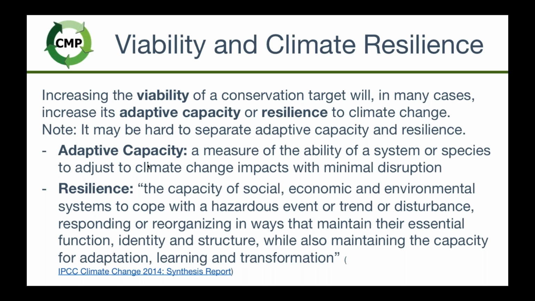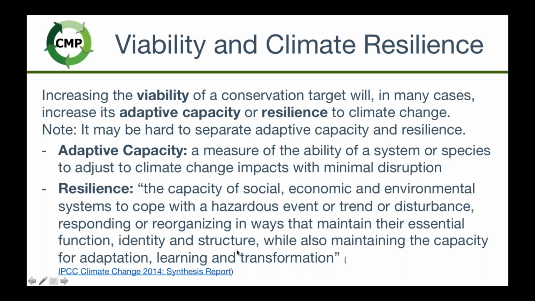And we found it a little bit hard to separate them when you look at the definitions of them. Adaptive capacity being a measure of the ability of a system or species to adjust to climate change impacts with minimal disruption, and resilience being the capacity of social, economic, and environmental systems to cope with a hazardous event or trend or disturbance.